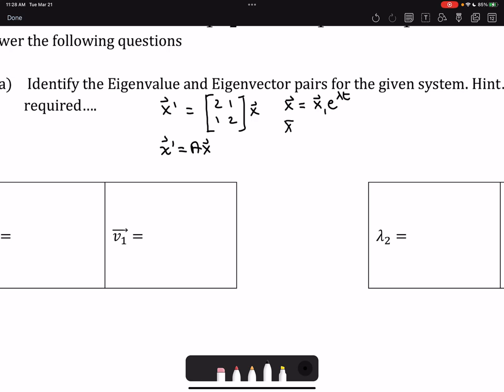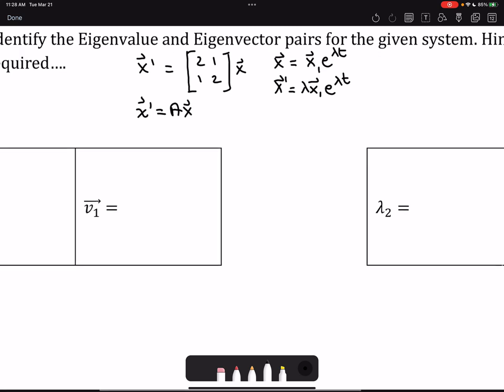So let's try to find what x prime would be. Well, we're assuming x1 is just a constant, so it's going to stay in front, and nothing's going to happen to it, while the derivative of e to the lambda t, the lambda will go in front, and we'll have this.